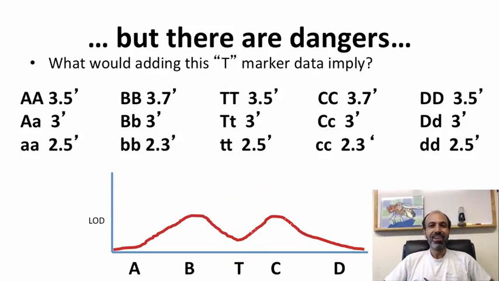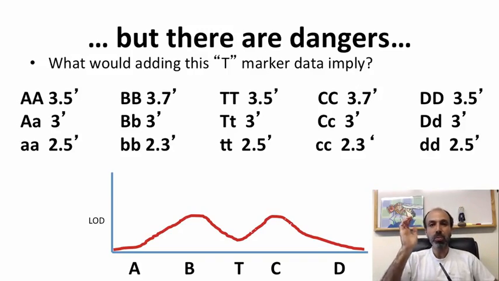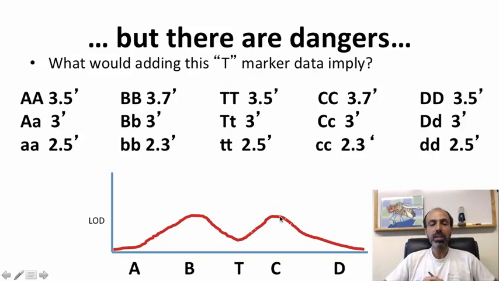Well, what does that imply? Well, in this case, adding the T marker in there, we see that T has a weaker association than B or C. So rather than having one single large mapped effect, it looks like maybe we're mapping 2 different genes that have allelic variation contributing to this. So maybe there's one near B and one near C rather than a single one near the middle.